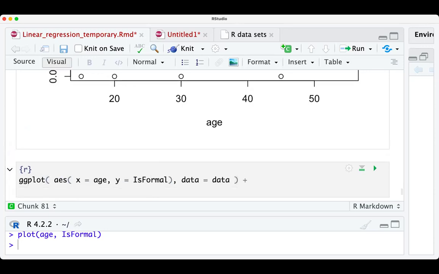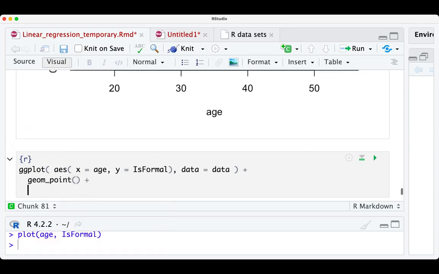Then we plot the points and do a linear regression.